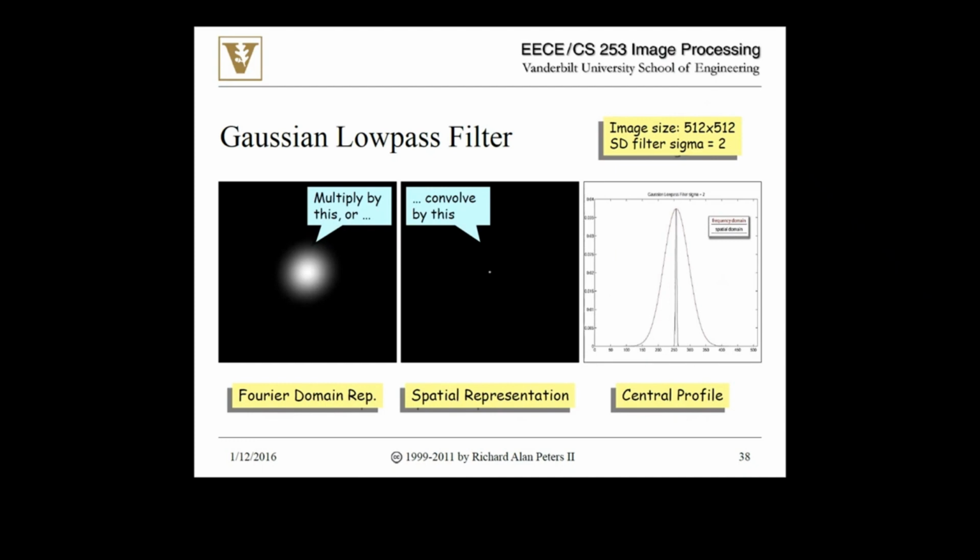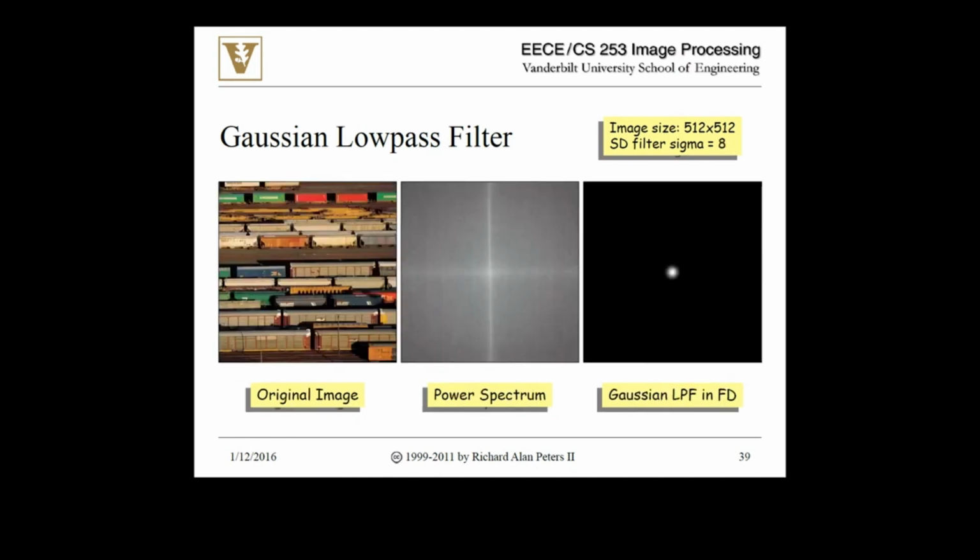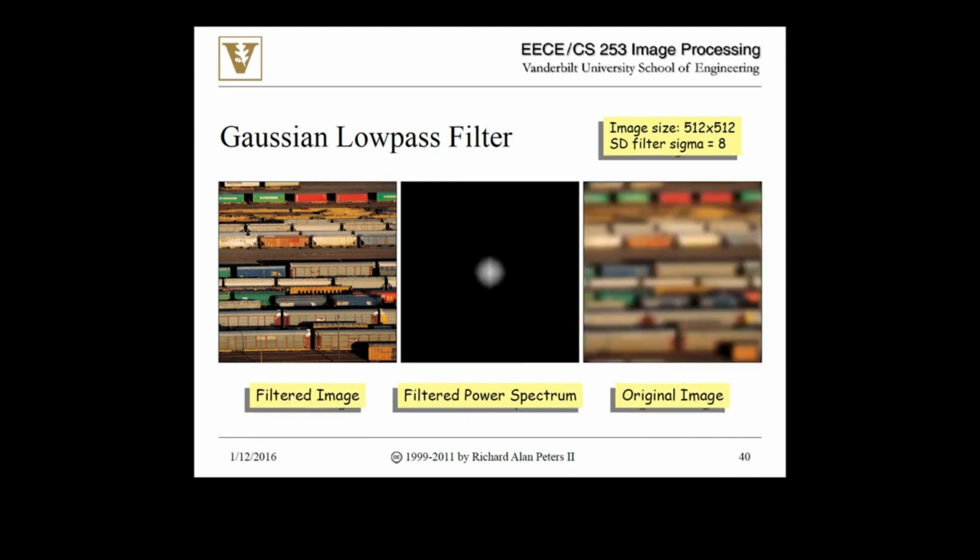If you make that bigger in Fourier space, then you are convolving with a narrower real space response. And then here you have some examples. The original image, then the original power spectrum, this is the filter that we want to apply, and then this is the output. We say that we are convolving this with the Gaussian, and this is the result.